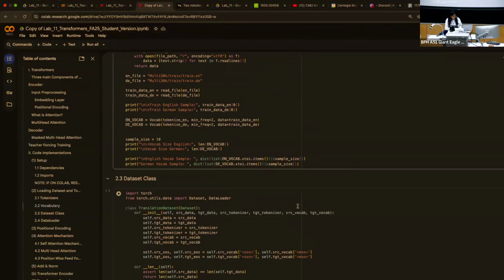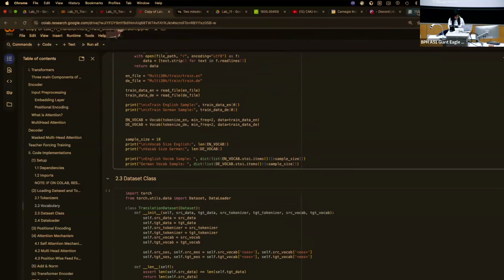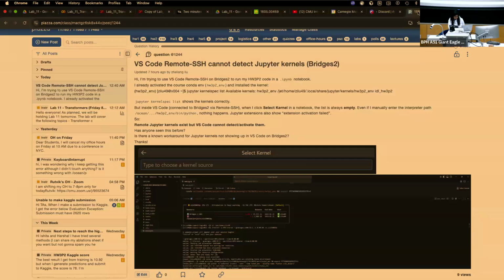Is my screen not shared? Yeah, it's on Zoom. Oh, okay. So the notebook should be shared on Zoom. Are you guys not able to open the notebook from Piazza?